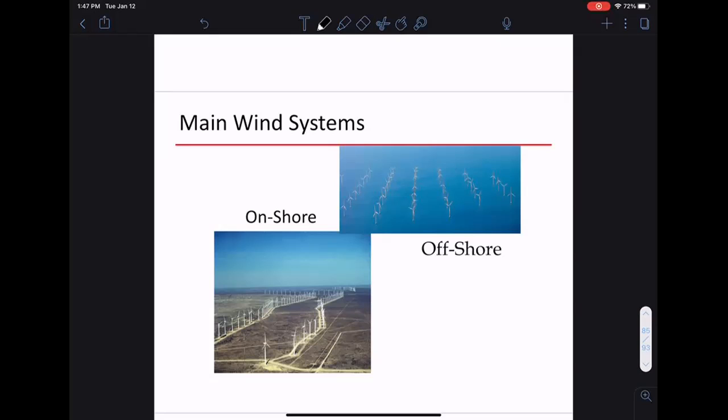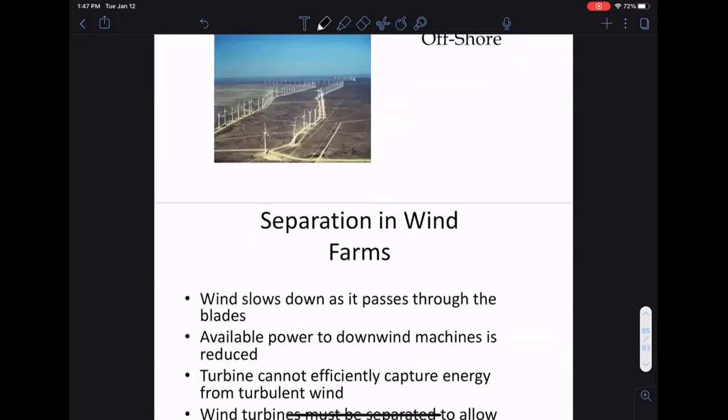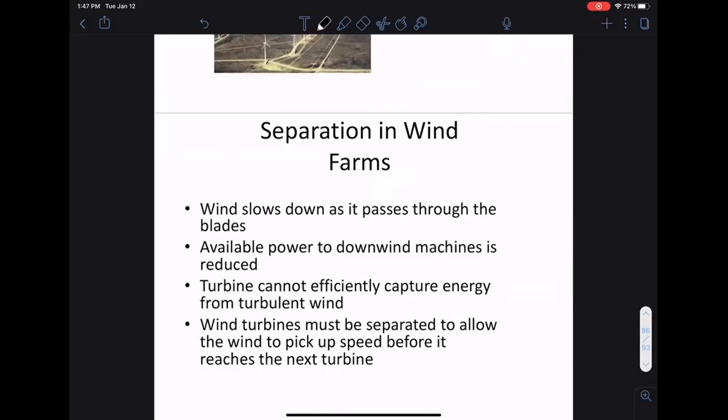They are basically changing the wind flow once it passes through them. And this has consequences for the turbines downwind from it. The wind slows down. You may have turbulence. You may have very weird mixing of air if the air is not blowing directly at a turbine. So the airflow can get complicated.